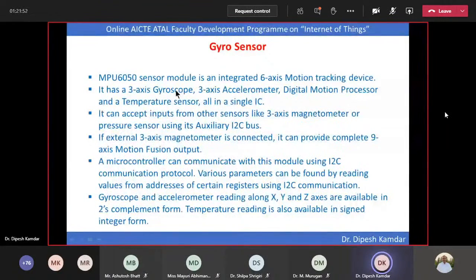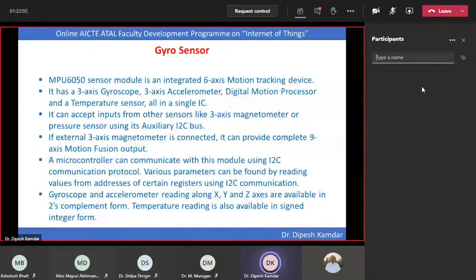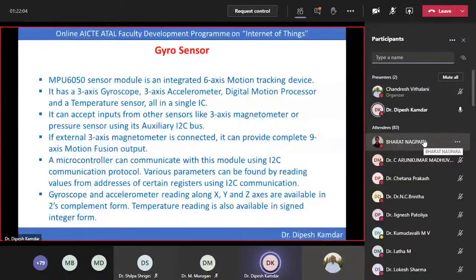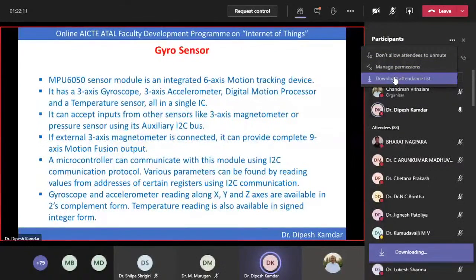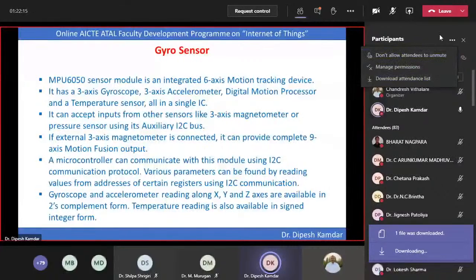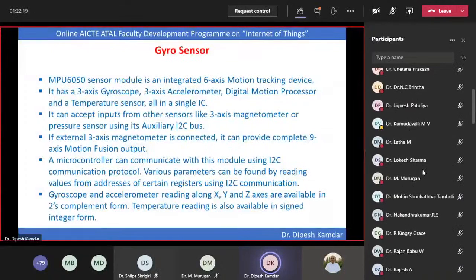The MPU 6050 sensor module is an integrated 6-axial motion tracking device. Though it is basically 3 axis, left and right consideration makes it a 6-axial motion tracking device. It has a 3-axial gyroscope, a 3-axial accelerometer, a digital motion processor, and a temperature sensor also built in a single chip.